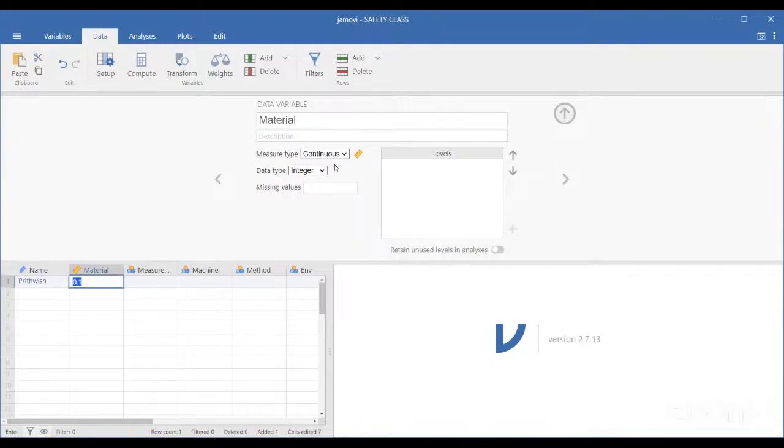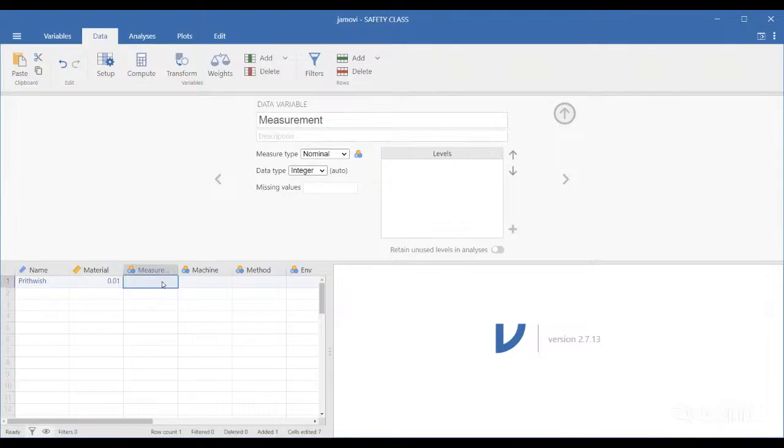It is in decimal now, so integer will not allow. You can click the decimal. Now it's 0.01.